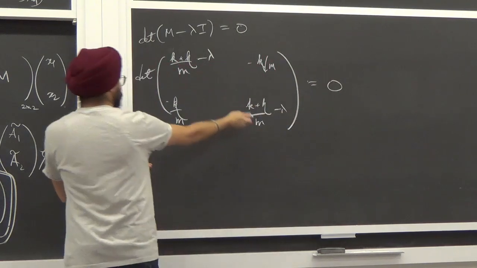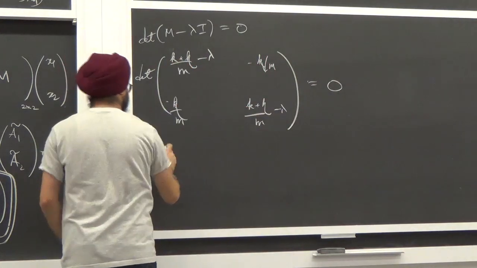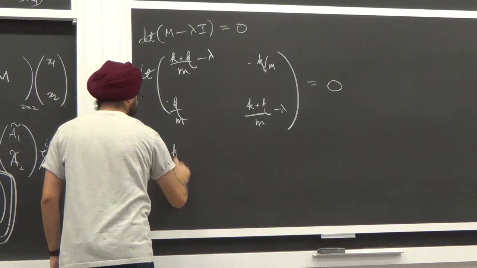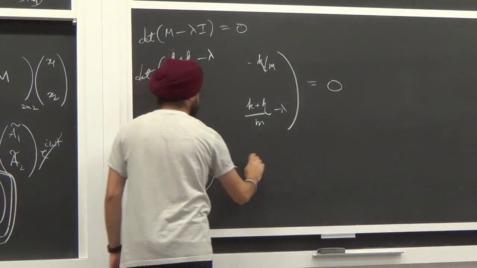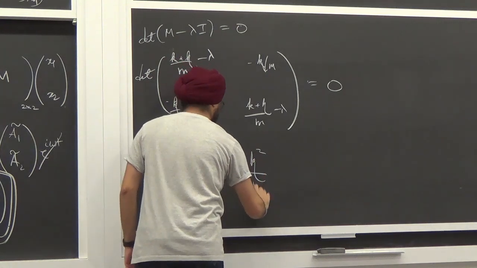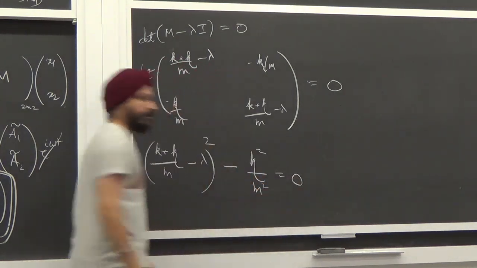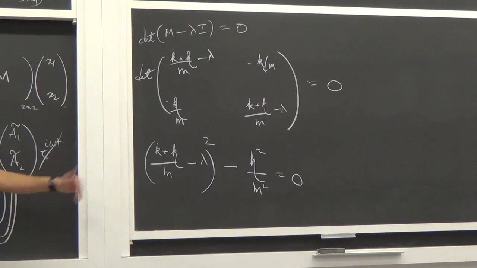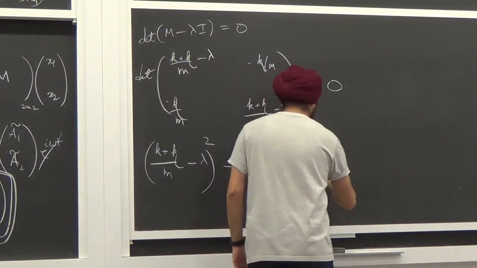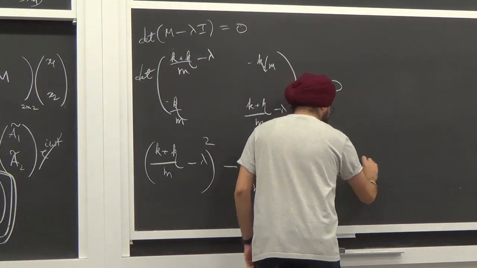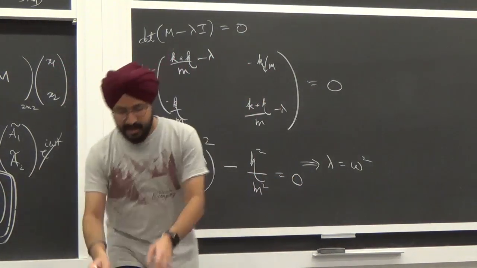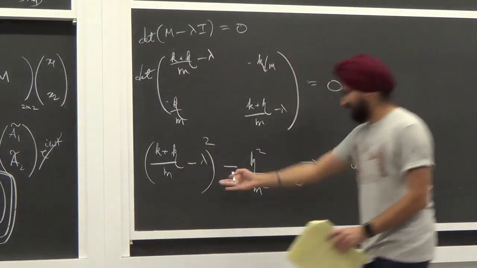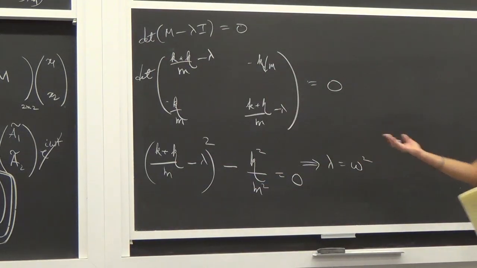Determinant vanishes. 2 by 2, multiply this: K plus kappa over M minus lambda, whole squared, minus kappa squared over M squared equals 0. Lambdas are just the omega squared because they are the eigenvalues of M, as we just proved.